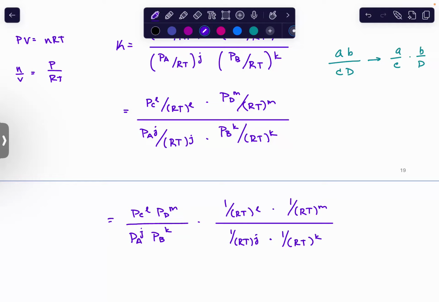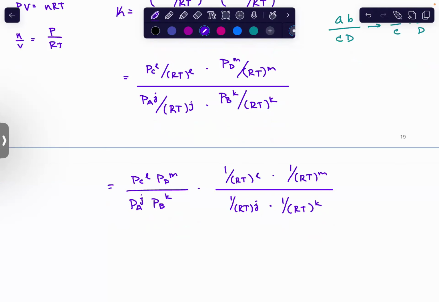All right. Now this left fraction here, what is that? The partial pressures of products over reactants.